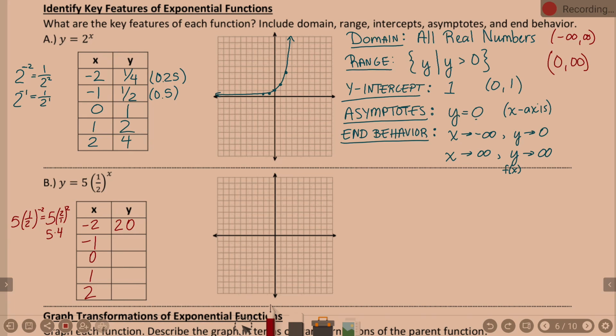Should we talk about the calculators a little bit? Do we know how to use the exponent buttons on our calculator? If you wanted to, could you just type that into the calculator? You can. 5 times 1/2.